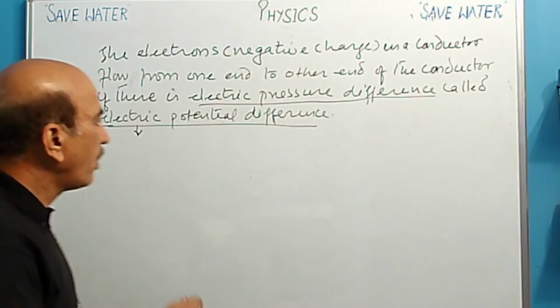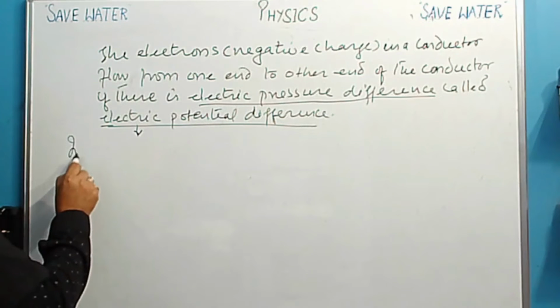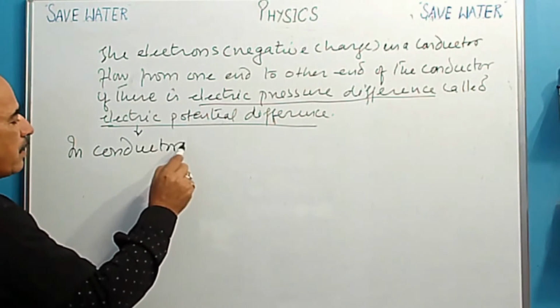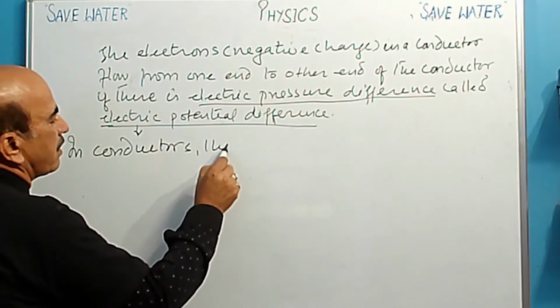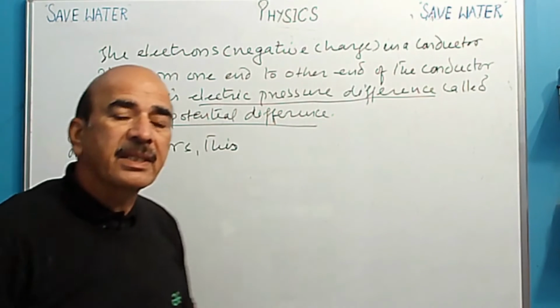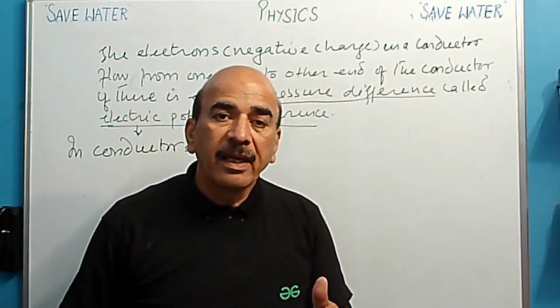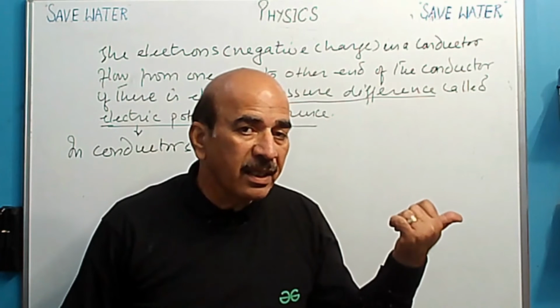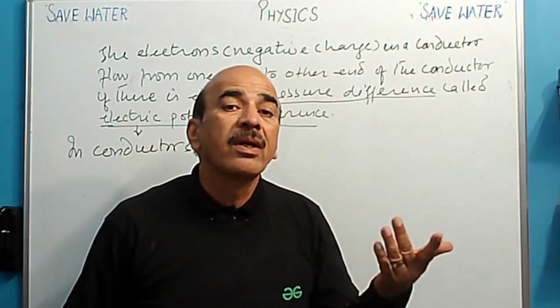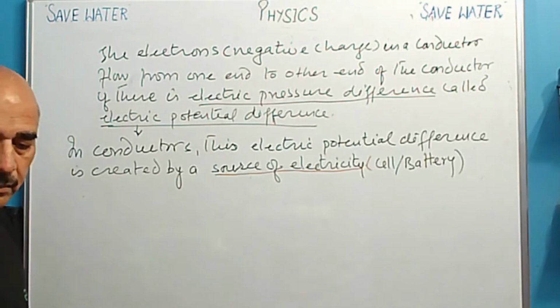Okay, so in conductors, this electric potential difference is created by an external source, which we just studied, known as a source of electricity. It can be a cell or battery. Yes, okay.